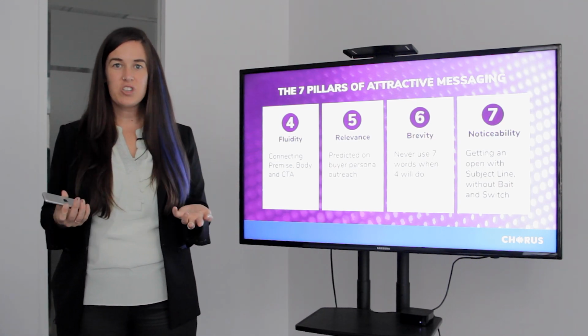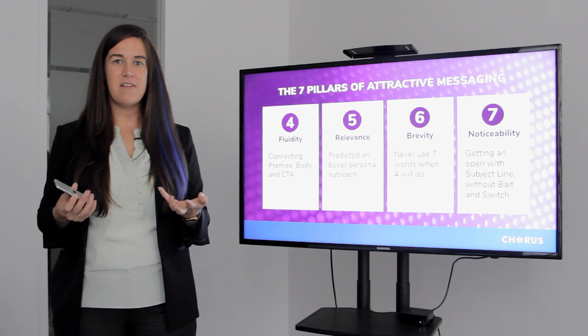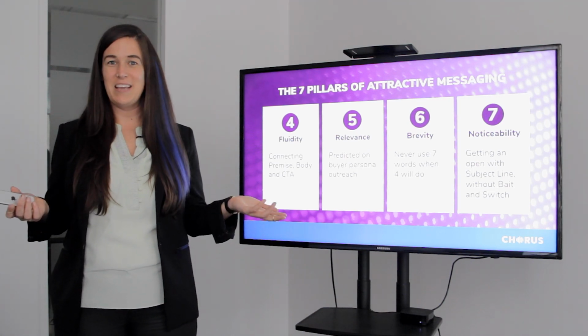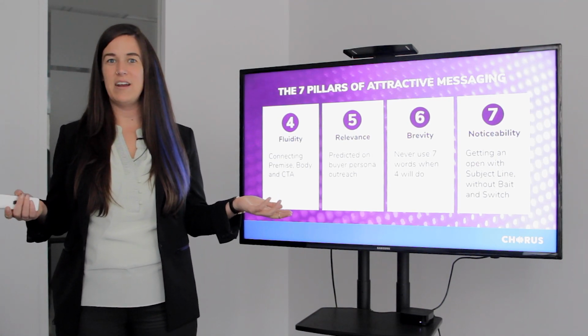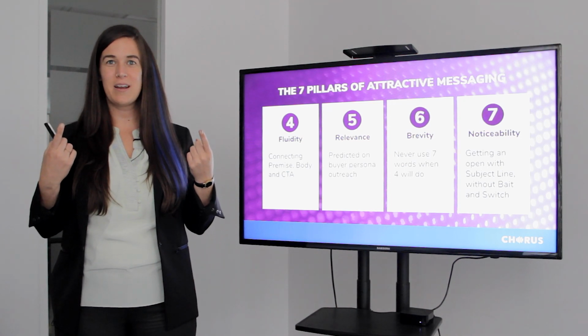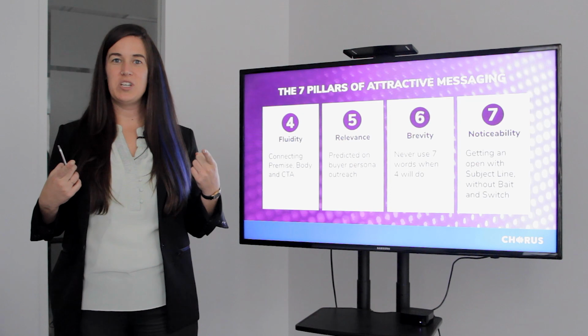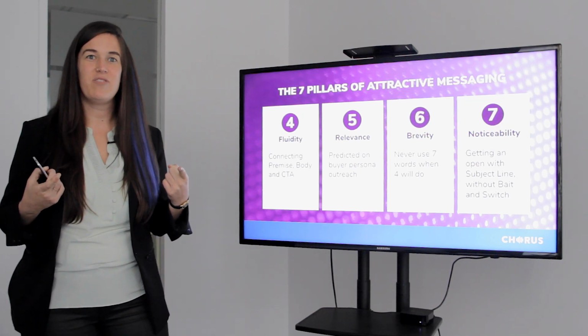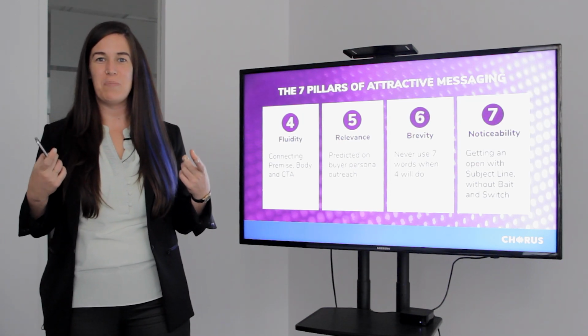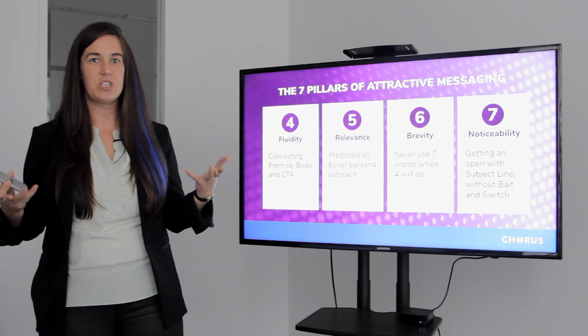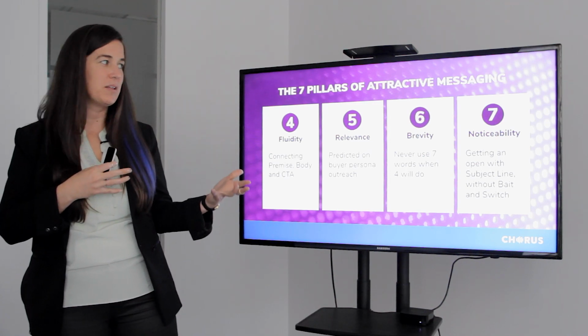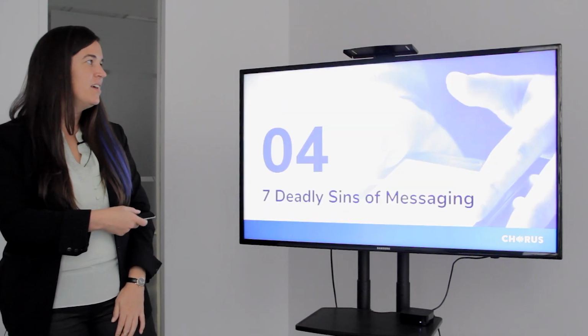So you want to make sure that you email with integrity. Every single person can get an email open with a subject line of free puppies. You want to make sure that you get an open, but you don't bait and switch and make your prospect feel a little bit had if they open it and the body is completely different from the subject line.